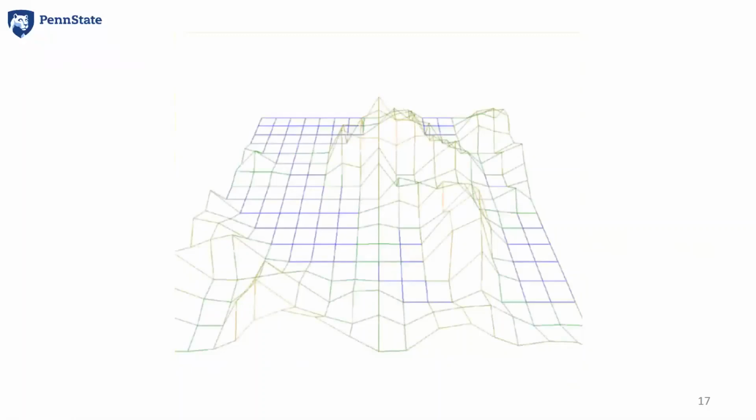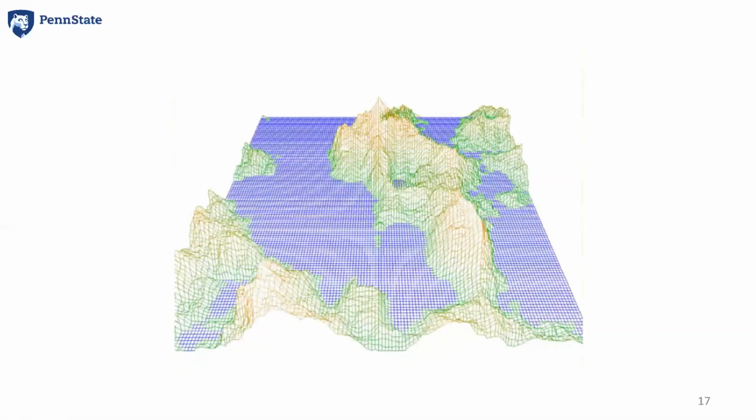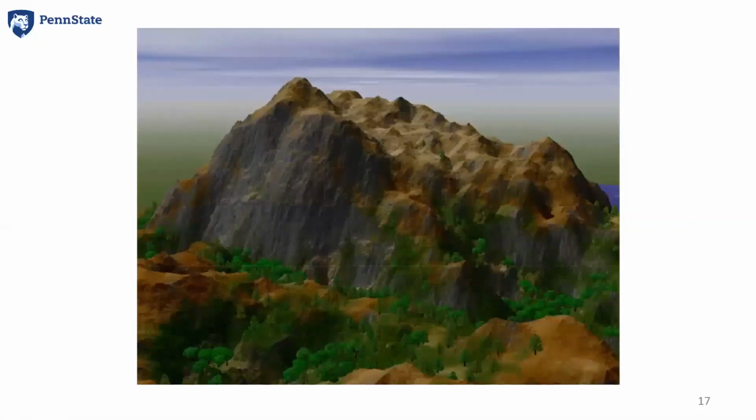Then we got this, and this is called the midpoint displacement, random displacement problem. It's actually an iterative function system to generate the fractal. If we keep doing it, eventually we can generate a simulation model that looks very much like a mountain.